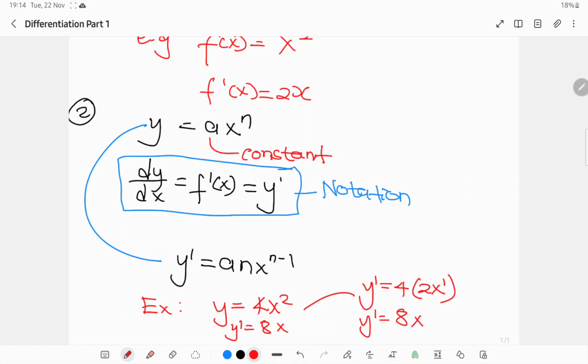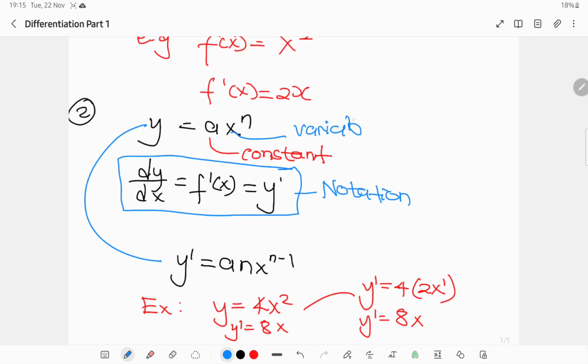So I want you to notice this, right? Because it gets a bit confusing when you have more complex problems, which we'll get into. But I want you to notice that whenever we have a constant, we leave the constant alone, and then we derive the function. So a function is whatever is in the variable. You remember x represents the variable, right? So let me just do it here. a is the constant, and x is the variable.